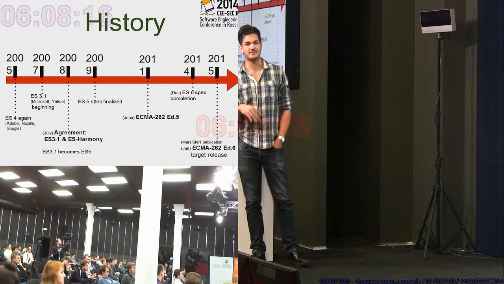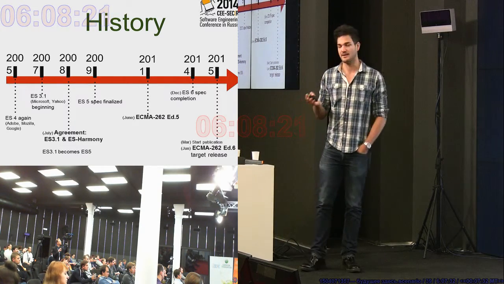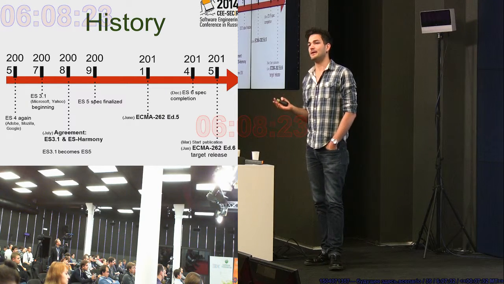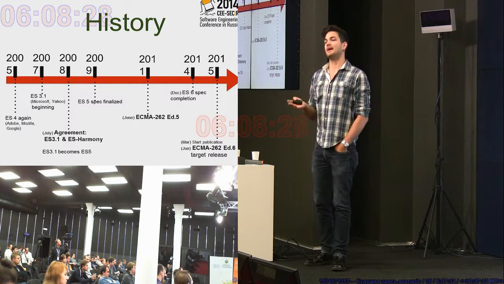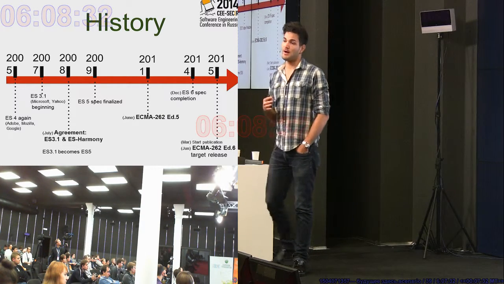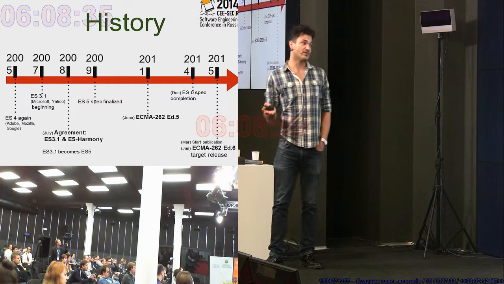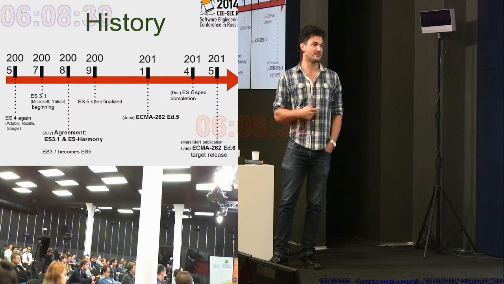So there was a bit of a disagreement in the community. And what happened in 2008, we've got this meeting in Oslo in July where Google, Adobe, Mozilla, Yahoo, Microsoft got together. And in the end, decided that 3.1 became edition 5, which is the version that we're currently using. And it was standardized in 2011.